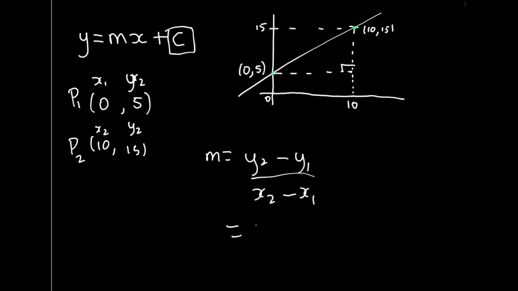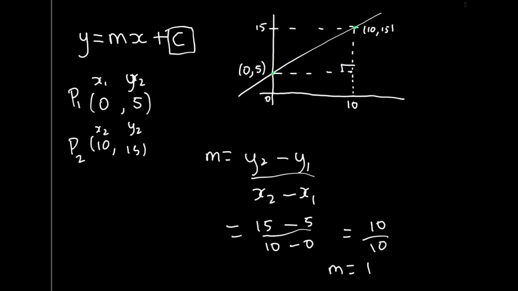And this is equal to 15 minus 5 over 10 minus 0, which is equal to 10 over 10, which is equal to 1.